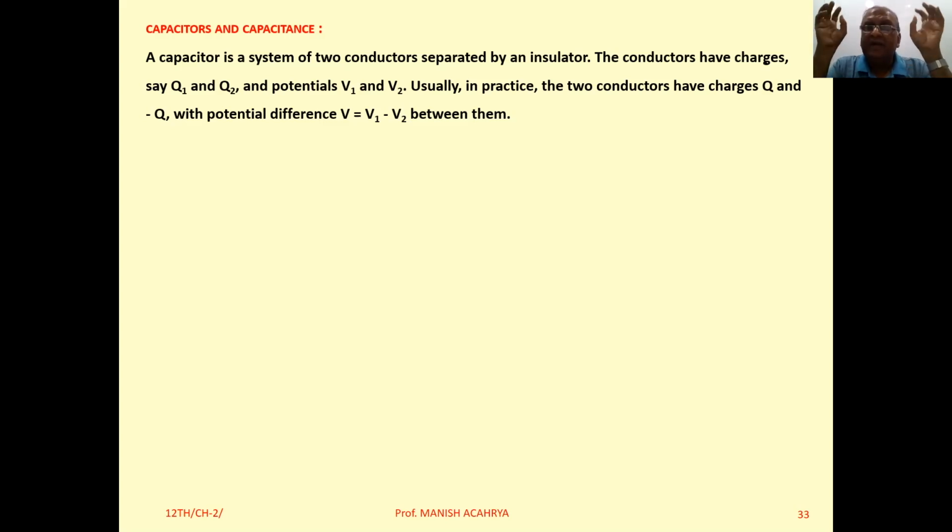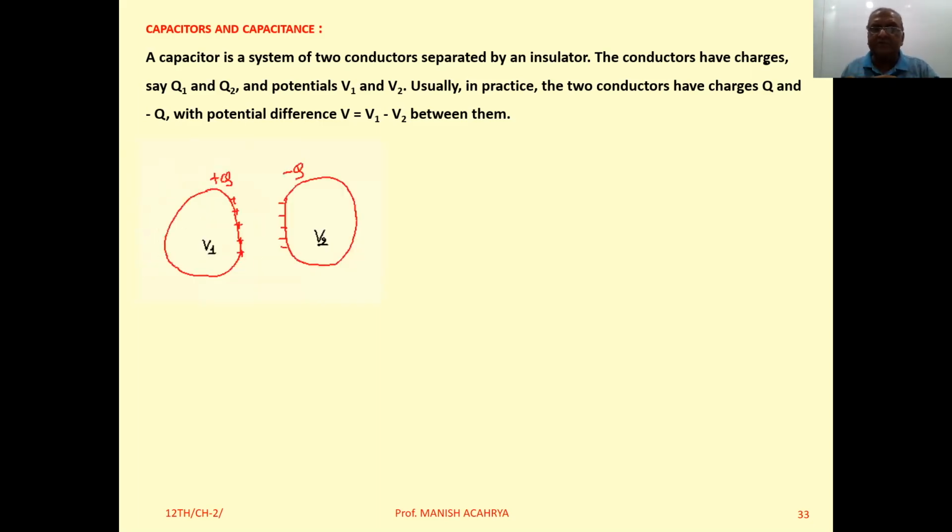Okay. Now, these conductors have the charges Q1 and Q2, but normally we take these charges plus Q and minus Q. On one conductor we take charge plus Q, on another one we take the charge minus Q. Now suppose the electric potential on one conductor is V1, and on another one is V2.